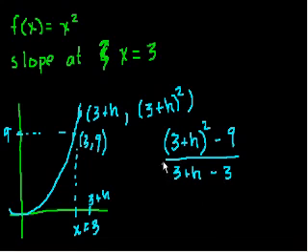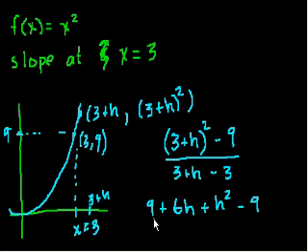So if we multiply out the top part, what's 3 plus h squared? That's 9 plus 6h plus h squared, and then you get the minus 9. All of that is over, well, this 3 and this minus 3 cancel out, so all you're left with is h. And the 9 minus 9 cancel out, right?